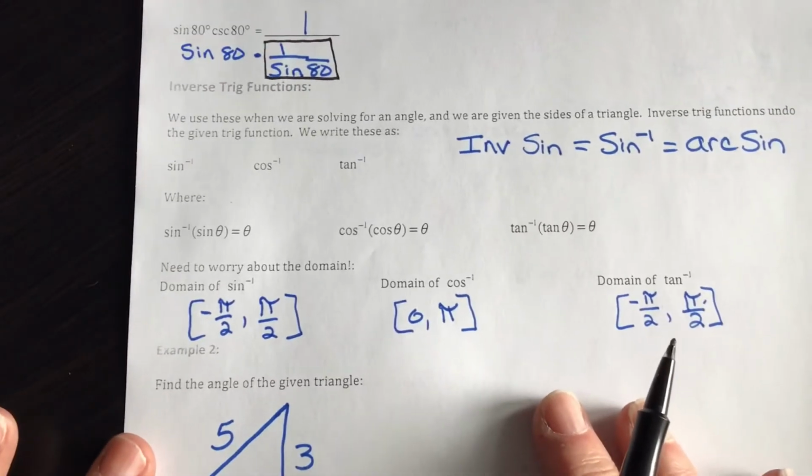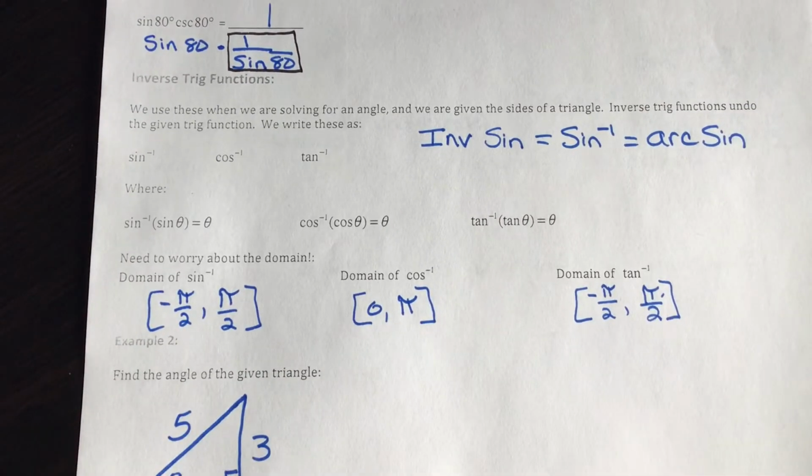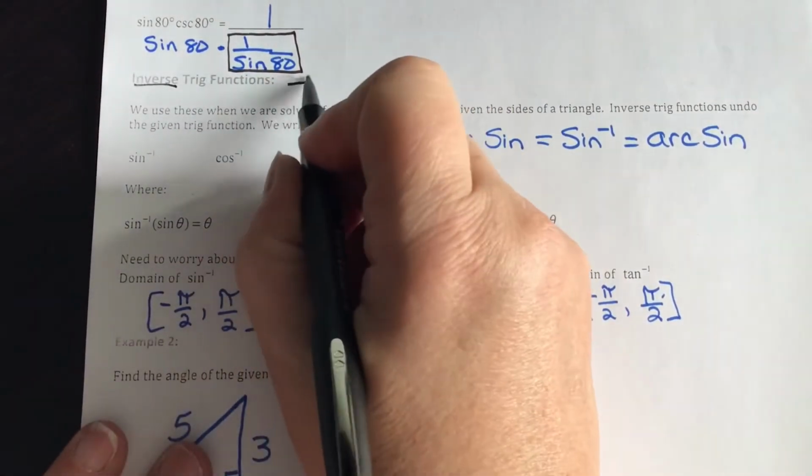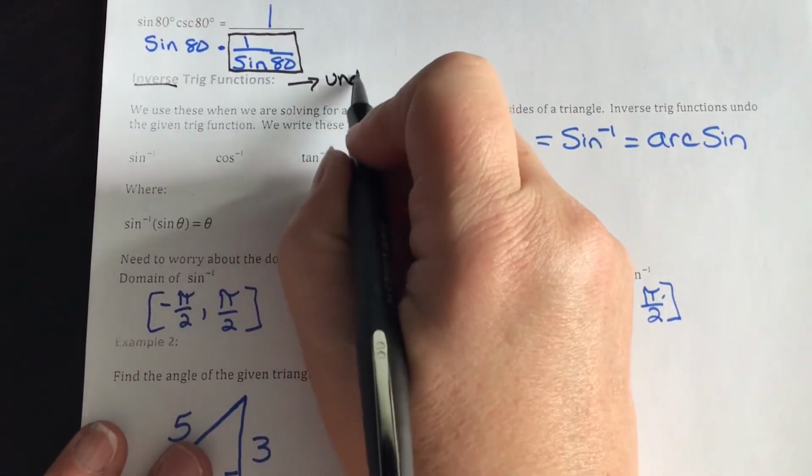Then we are looking at inverse trig functions. And an inverse trig function is basically, if we remember, the inverse means to undo a function.